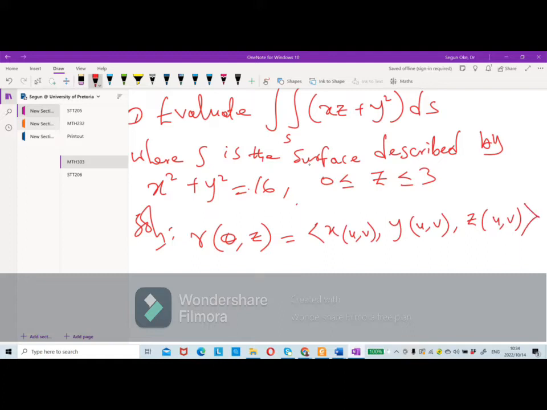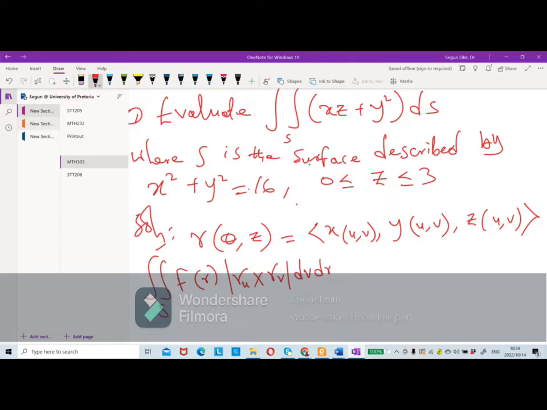Okay, we have this one. Then the general formula for this one will be the integral of f of R, times the absolute value of Ru cross Rv, du dv.